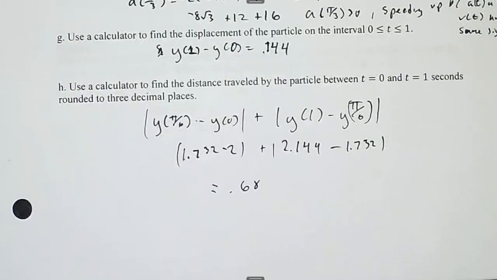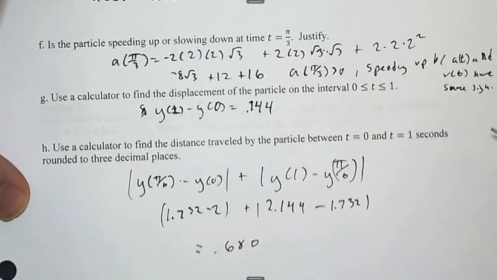We could arrow up and highlight it to see the exact value. But it must be 0.680. Okay, never mind. I was thinking that was wrong, but that's definitely right.